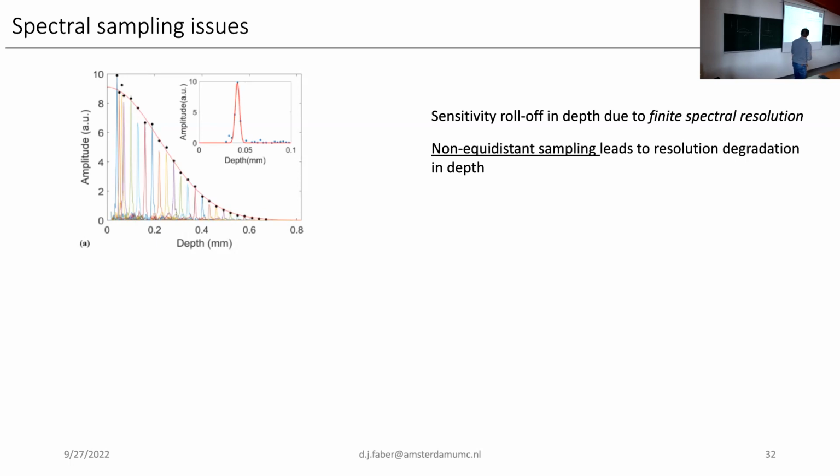In this graph you see repeated measurements of the mirror, where the mirror is moved farther and farther away. We find that the peak intensity of the mirror gets lower as we move farther away. This effect gets stronger if these pixels are larger.